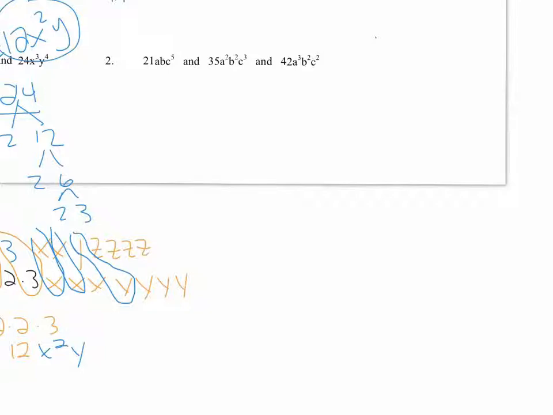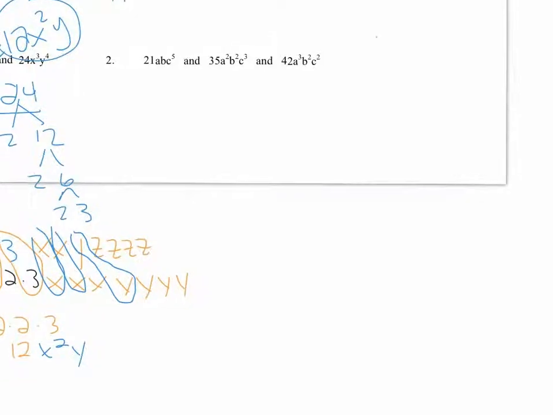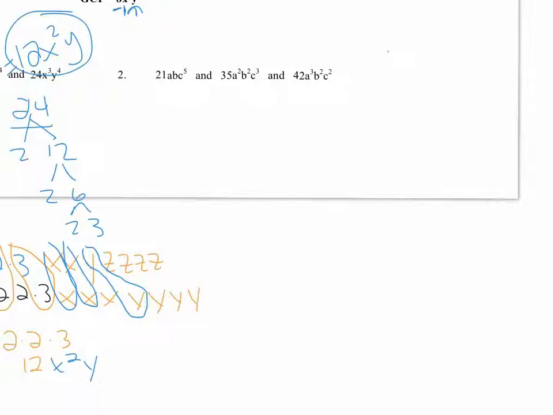21 is 3 times 7. So for 21, we've got 3 times 7. Then we have an A, a B, and 5 C's.